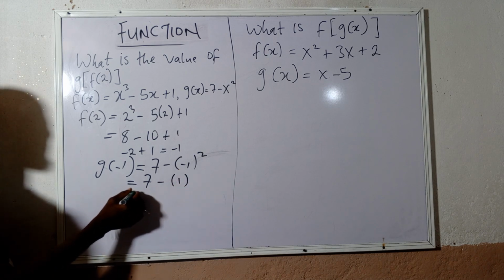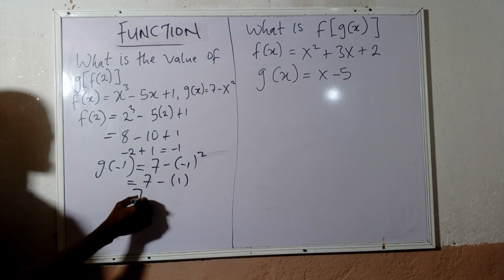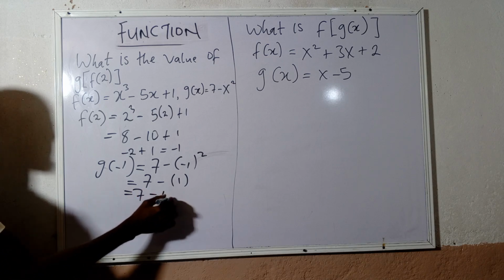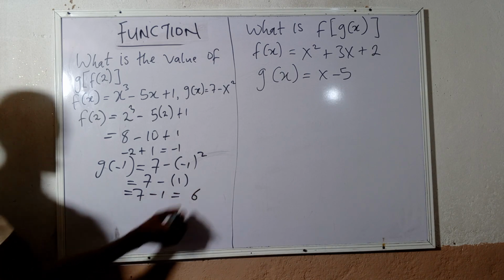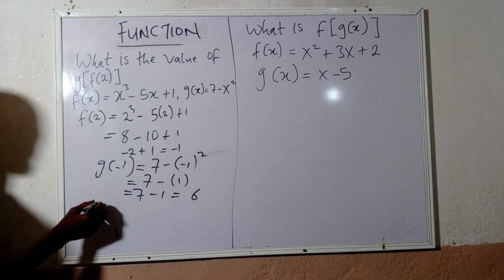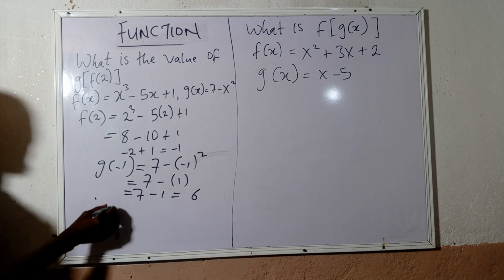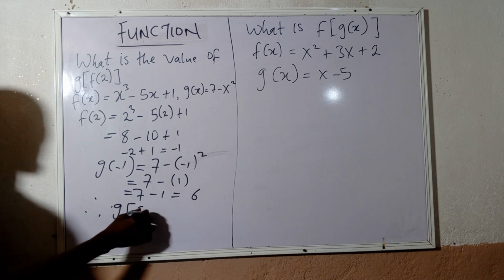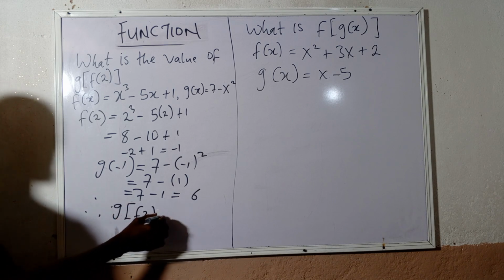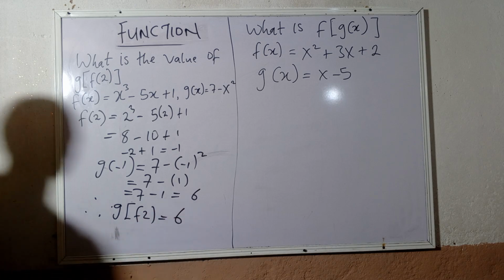We have 7 minus 1, this is equal to 6. Therefore, g of f of 2 is equal to 6.